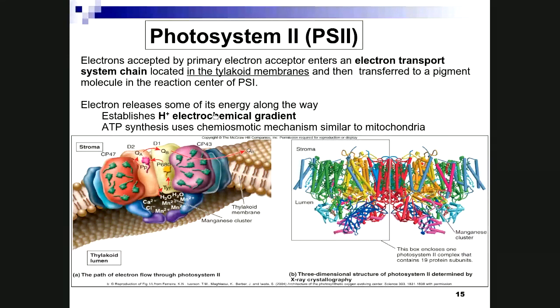And this gradient can be used to produce ATP because the hydrogen ions are moving from the lumen of the thylakoid into the stroma through ATP synthase, and we're producing ATP. So as I said, photosystem 2 is indirectly related to ATP synthesis.